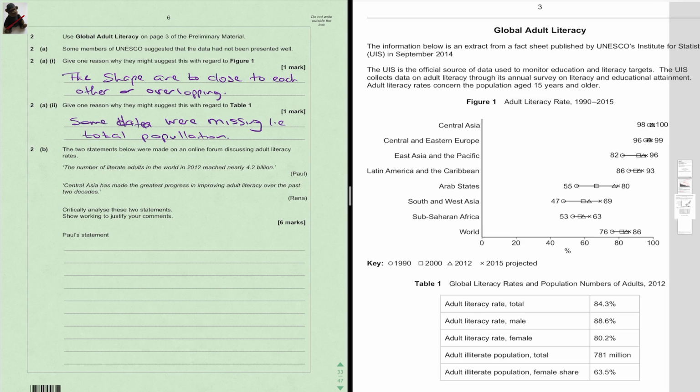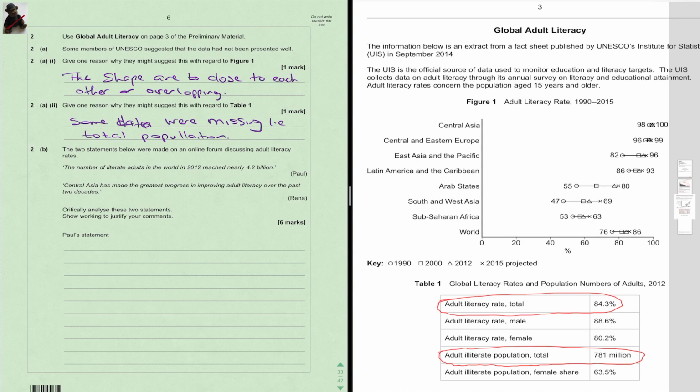the adult literacy rate total is 84.3%, and the illiterate population is 781 million.